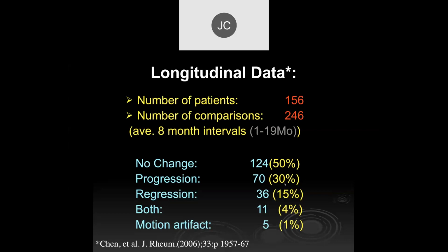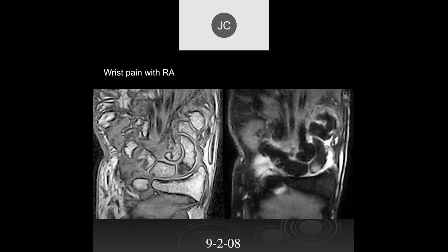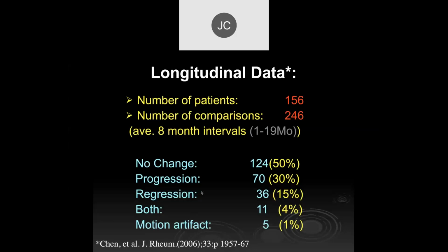We saw progression in about 30% and regression in about 15%. Some patients had both progression and regression. And there were a few cases where the motion artifact was such that we couldn't really see the study. So MR scan can be useful to follow these patients.